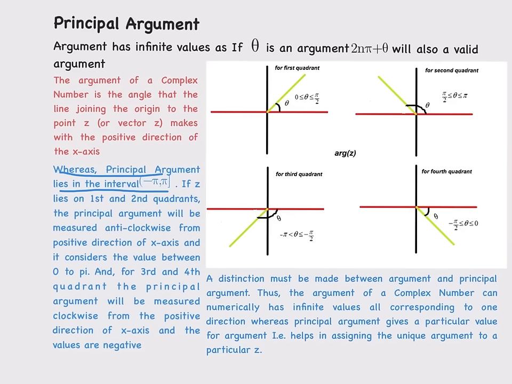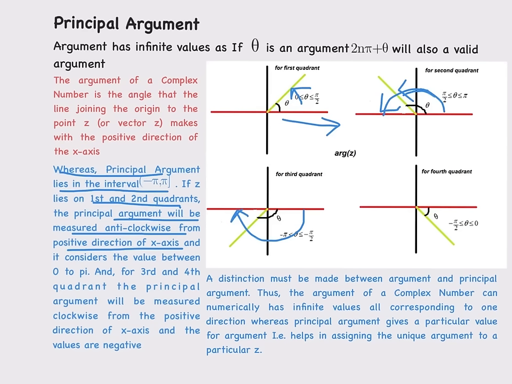If z lies in the first or second quadrant, the principal argument will be measured anti-clockwise from the positive direction of x-axis. For the first and second quadrant, the argument lies between 0 and pi, and for the third and fourth quadrant the argument lies between 0 and minus pi, as we measure the angle in the clockwise direction.